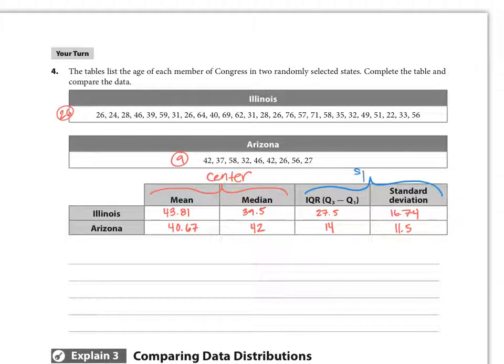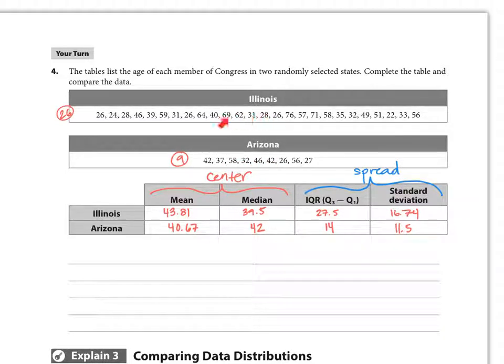I'm going to go on to talk about the spread between these two data sets, and this one is very clear: Illinois has the higher spread, and that means Arizona's ages are closer together compared to Illinois. Illinois is a lot more spread out. The youngest in Arizona is 26 and the oldest looks like 58.